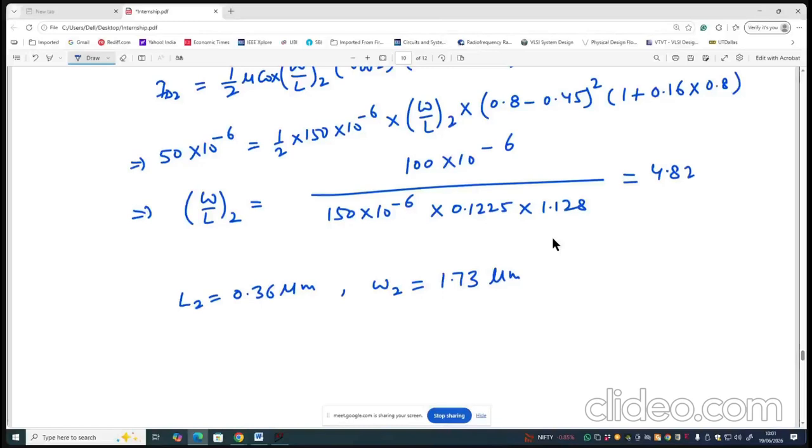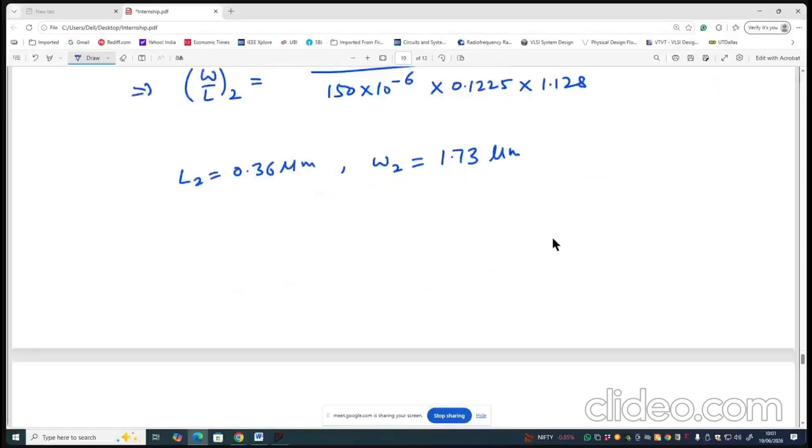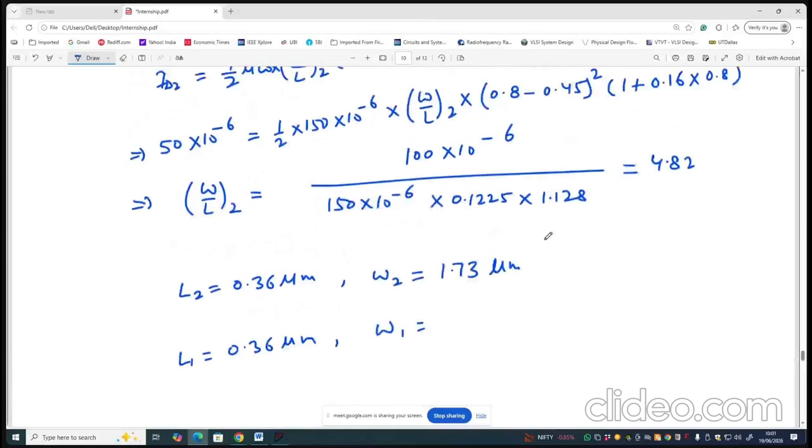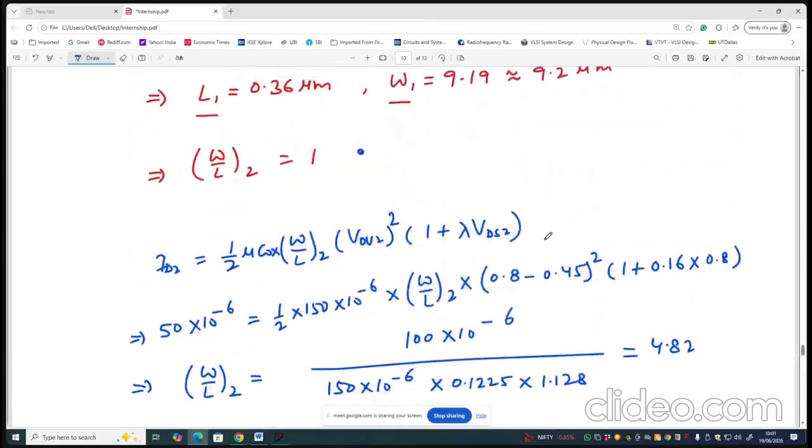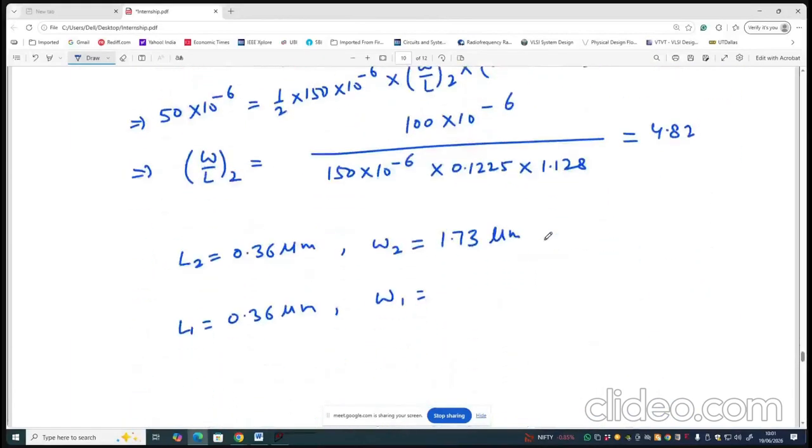So we have got all the values. L1 is equal to 0.36 micrometer and W1 is 9.2 micrometer.